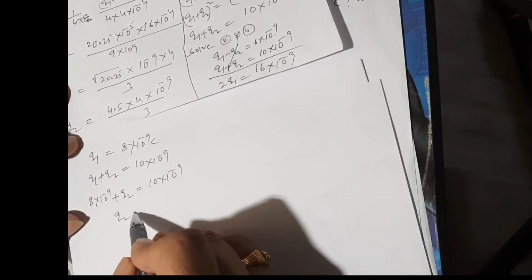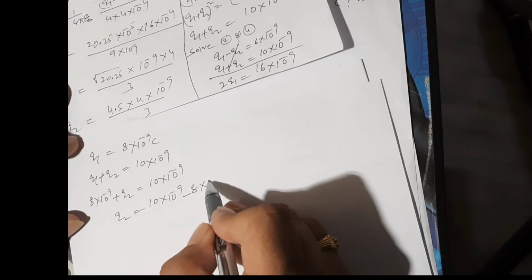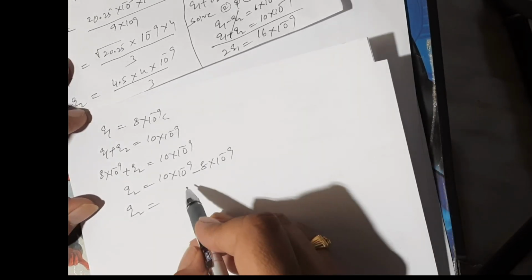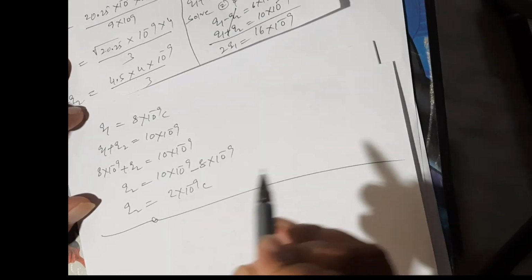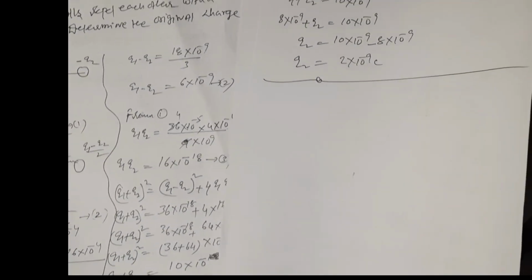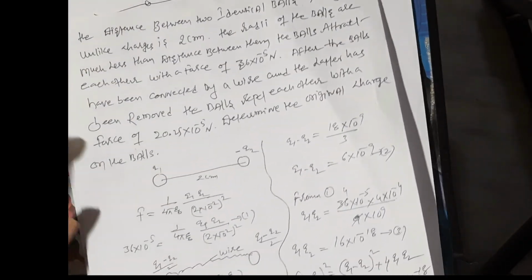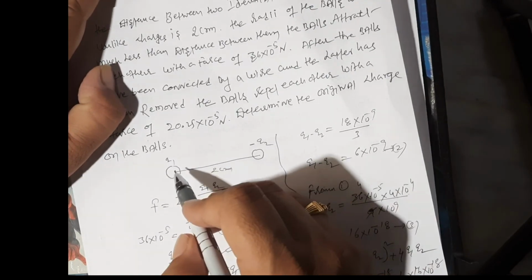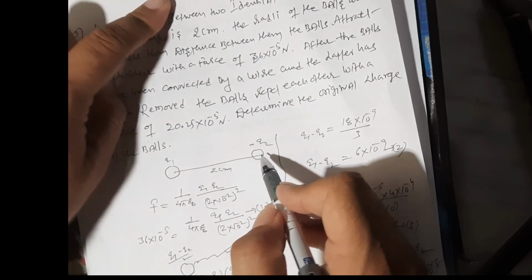That means q2 is equal to 10 into 10 to the power of minus 9 minus 8 into 10 to the power of minus 9. So q2 is equal to 2 into 10 to the power of minus 9 coulombs. So these are the answers. Finally we found the charges on the balls: q1 is equal to 8 into 10 to the power of minus 9 coulombs, and q2 is equal to 2 into 10 to the power of minus 9 coulombs.